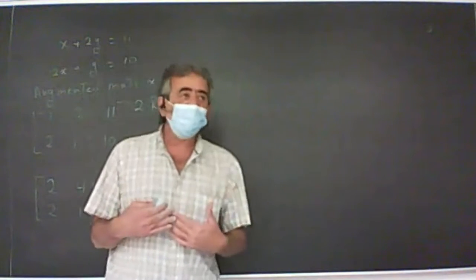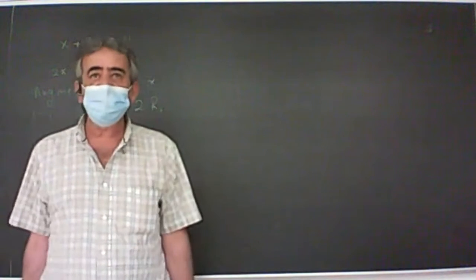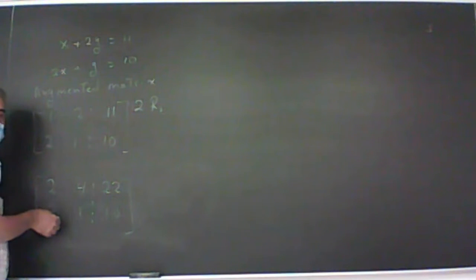Same thing as when we solved equations by elimination, where we were adding or subtracting equations. We can add two rows together or subtract two rows from each other. Say, for instance, I want to replace row 2 by subtracting row 2 from row 1. So row 1 minus row 2.